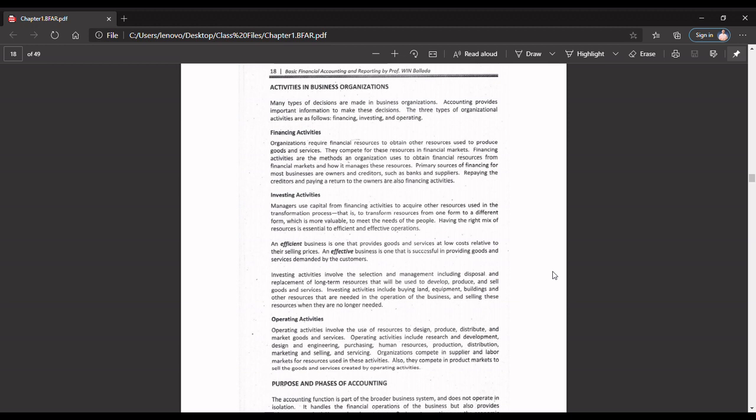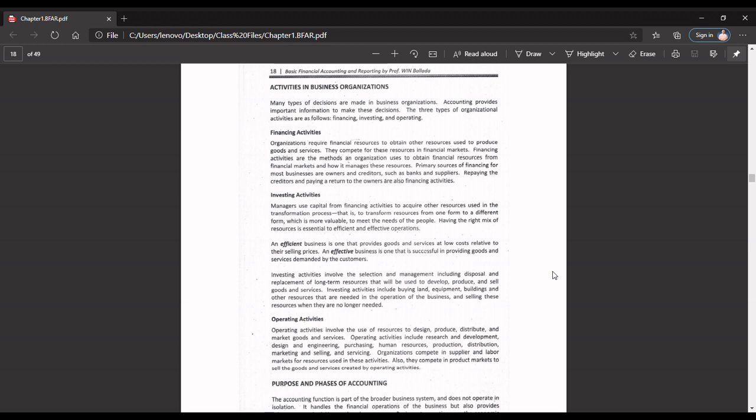Please take note that when you buy stocks, it's an investing activity because you give money to that corporation in order to invest in that corporation. And from that investment, you receive money yearly or monthly, while under financing activities, you sell stocks in order to receive money.